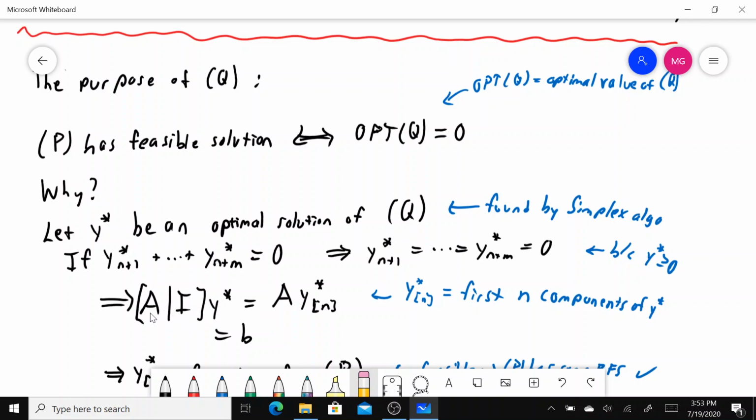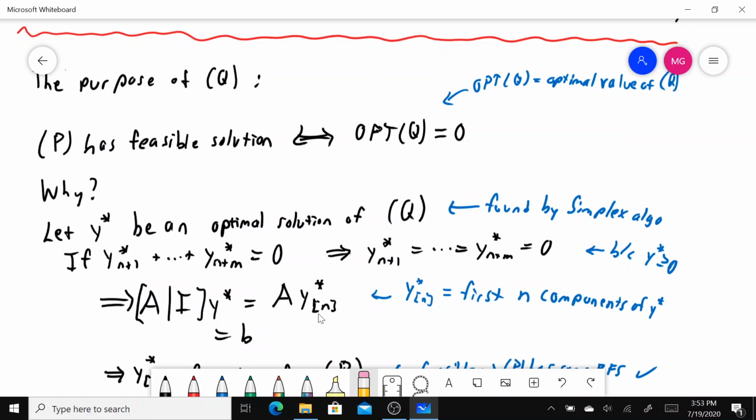What you're left with is the first n components being multiplied by the columns of A. That's what I'm writing here, A times y star sub n, where the bracket n subscript indicates the subvector of y star indexed by the first n components, because the last m of them vanish, being zeros times the identity matrix columns.